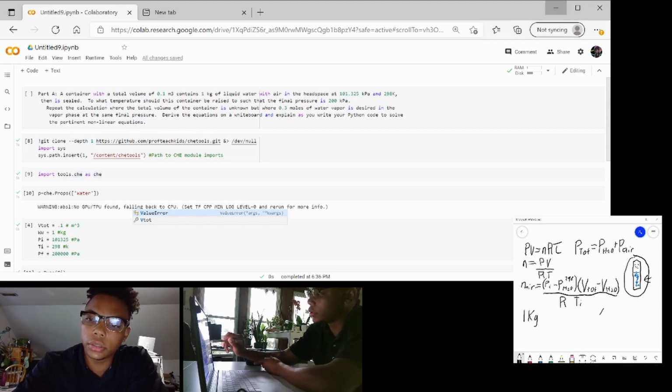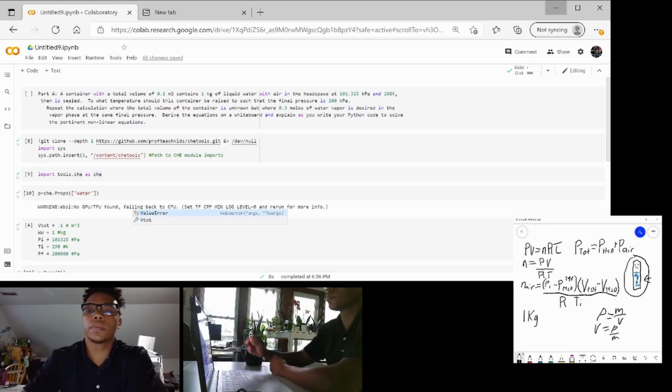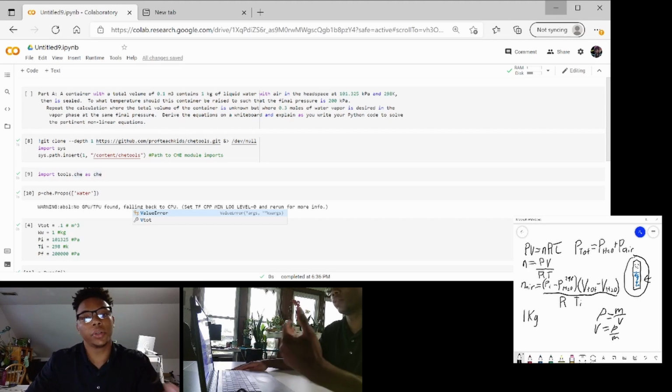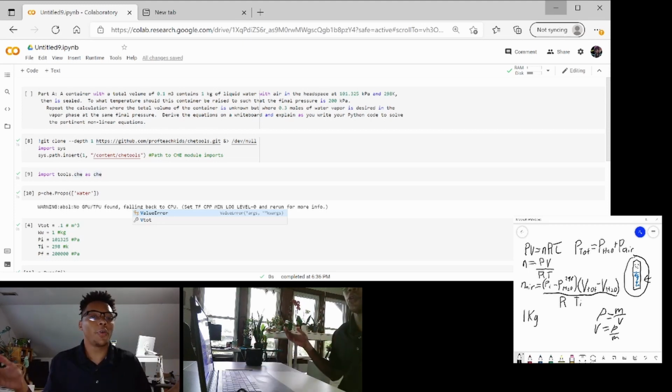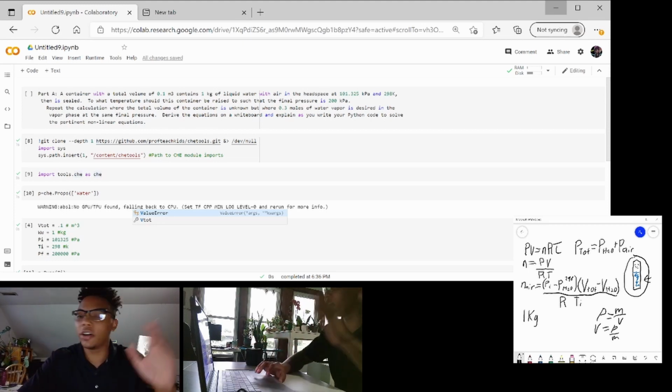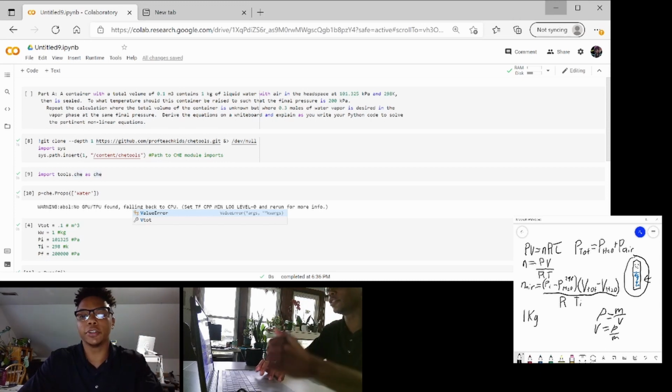So we know that density equals mass over volume. So our volume of water is equal to density over mass. So what we need to figure out now is, what's the density of water? Well, we don't even have to go figure it out. What we get to do is use our tools in our code and just plug it in.